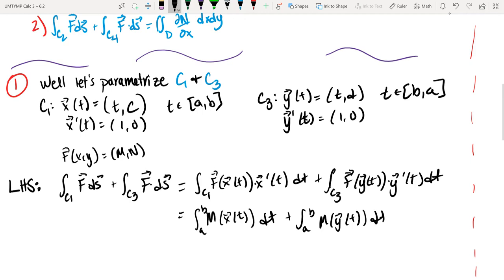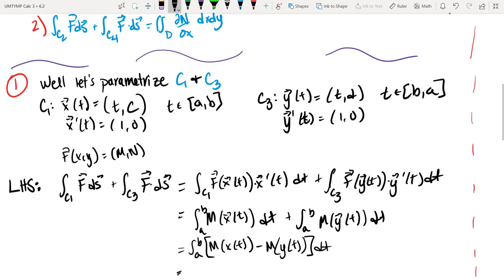Okay, and now we notice that in this parameterization, y, remember that went from b to a, so if we're going from a to b, that's the opposite orientation. So if we go from a to b, we can do M of x of t just fine, but then we are going to have a minus sign for the opposite direction of M of y of t, dt.